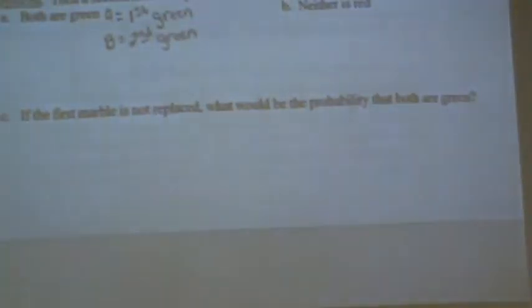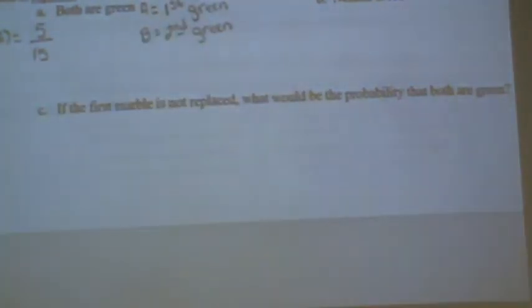So we need to find the probability of A and the probability of B. So, probability of A. We want our first one to be green.